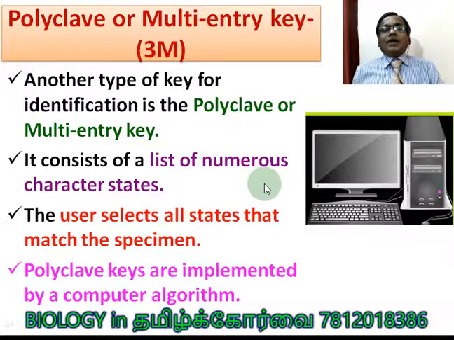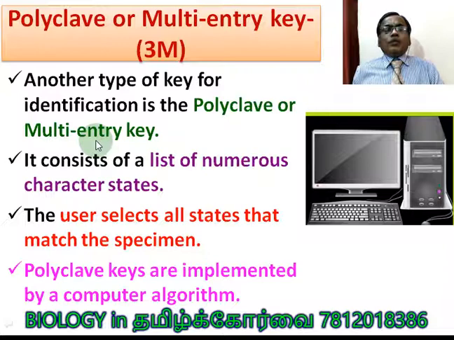Polyclave or multi-entry key. This can be asked in a 3 mark question. Another type of key for identification is the polyclave or multi-entry key. It consists of a list of numerous states, meaning statements, the characters defined from the plant. Many characters are taken into account. That's the reason why it is called polyclave, and usually it is computerized.